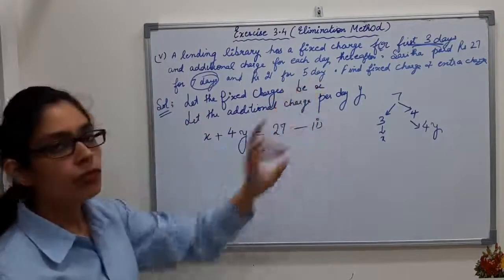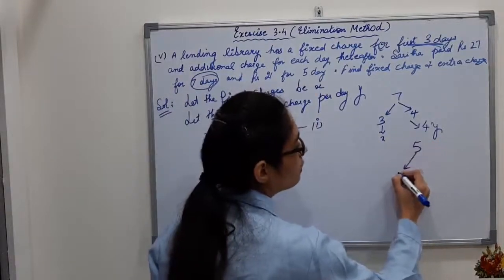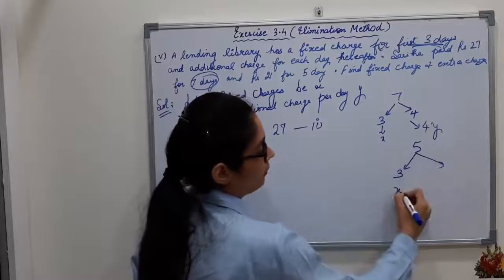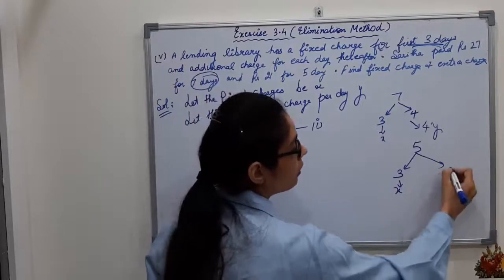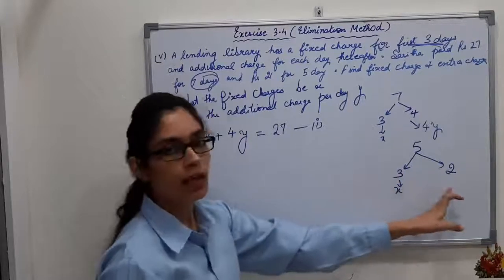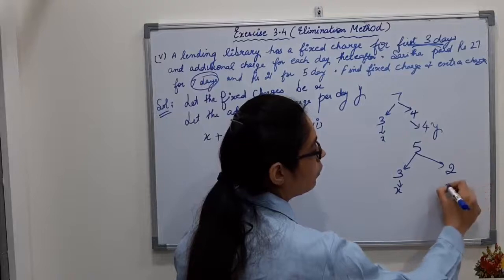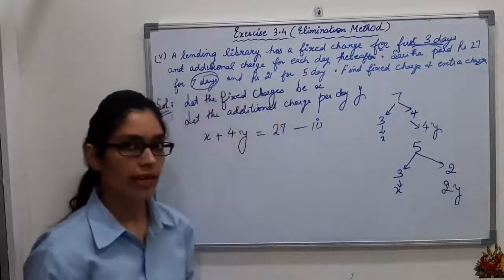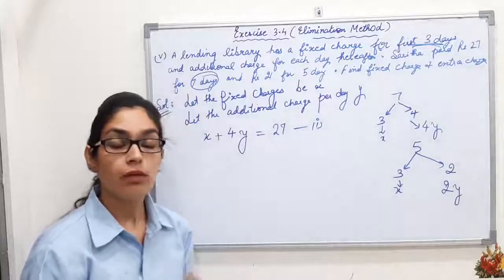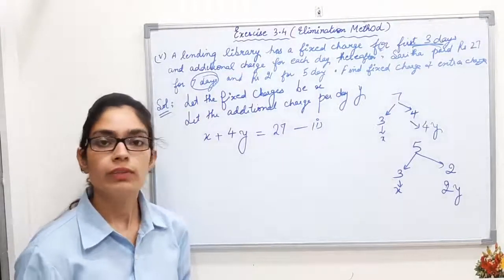She has paid for 5 days. See, in 5 days, for 3 days, it's fixed. It will be x. For remaining days, 3 days is fixed, remaining are 2 days. It will be y into 2. Because if she has to pay rupees 5 for 1 day, for 2 days it will be 2 into 5, 5 2s are 10.